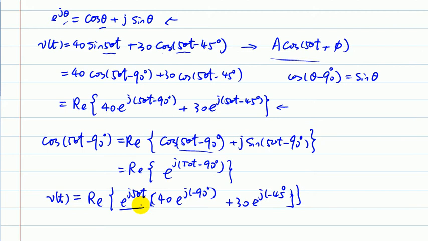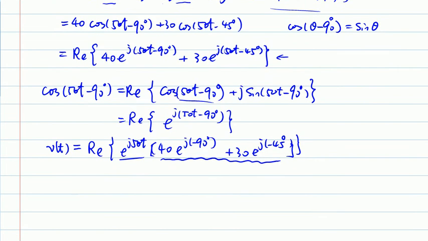I don't want to do anything with this part, so I want to simplify this whole portion here. Essentially, this is called the phasor. This is the phasor for this function, and this is another phasor. There are two phasors, and we need the addition of two phasors.